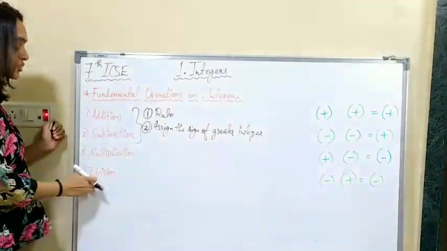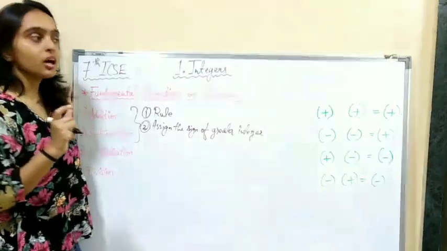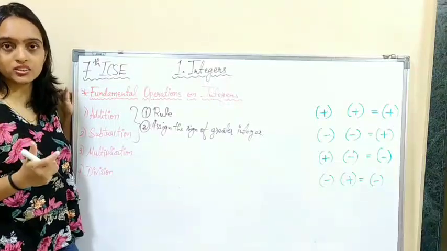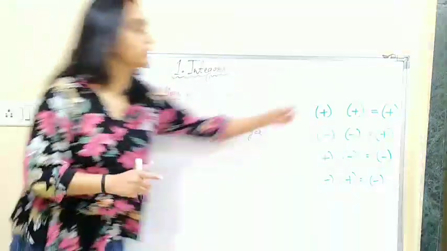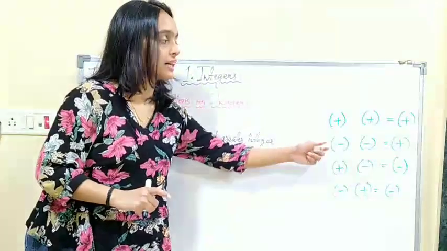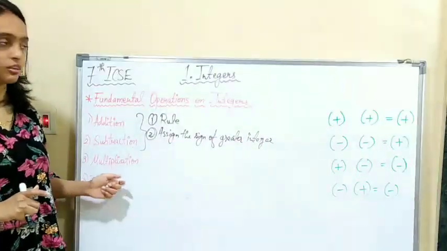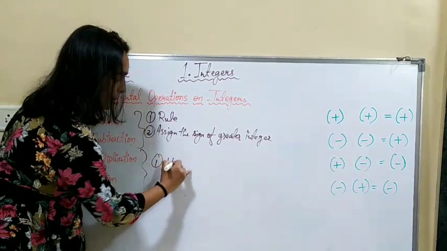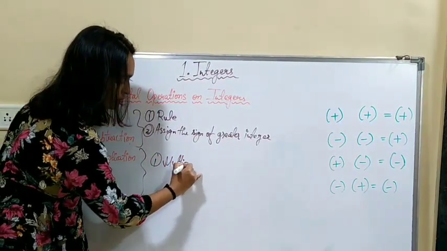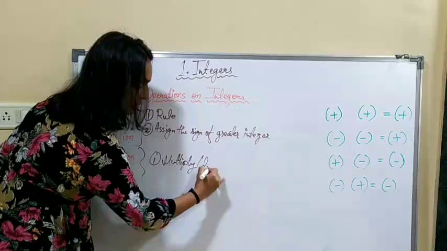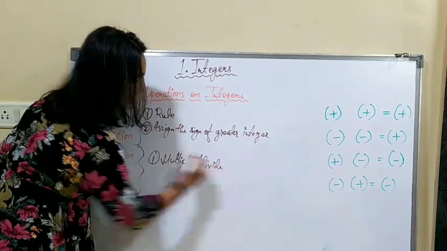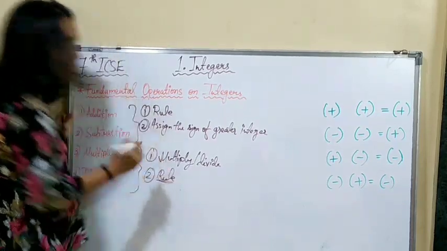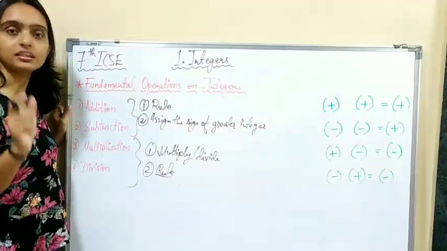And for multiplication and division, you have to just multiply or divide the given integers, and then according to this rule put the sign to the final answer.